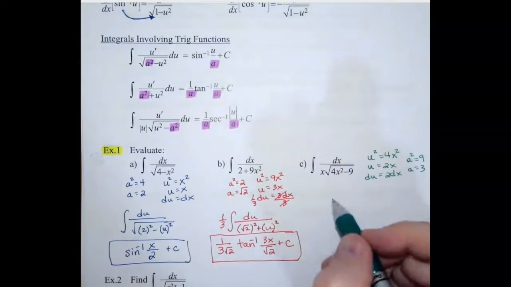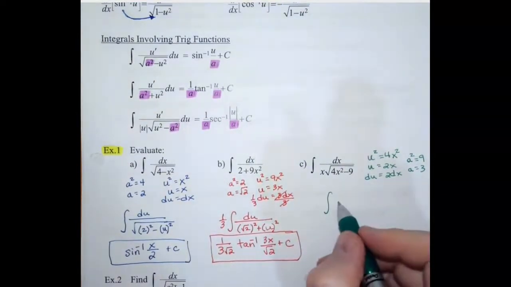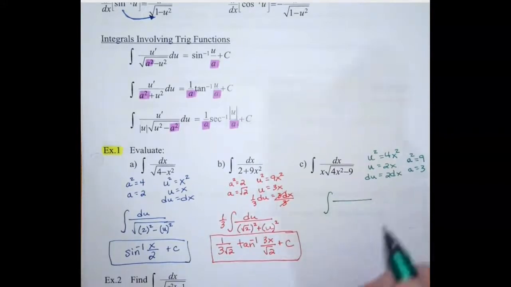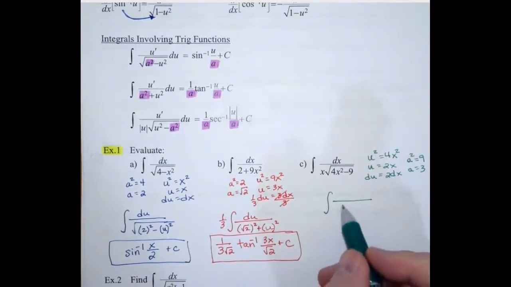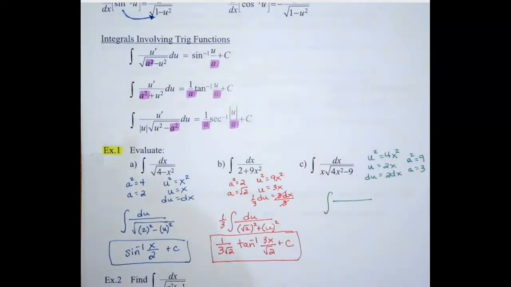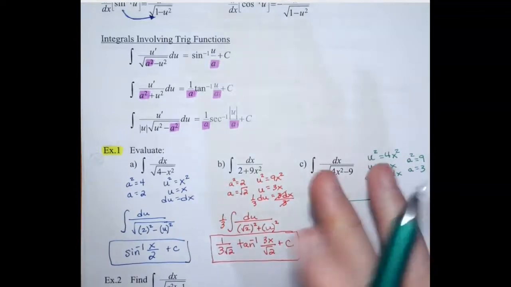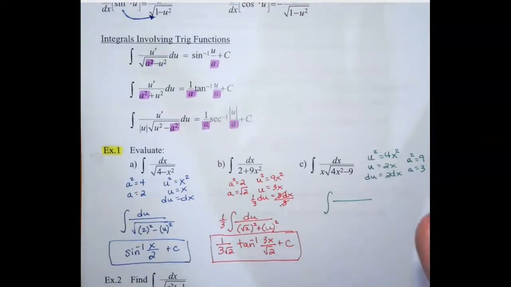Okay, so we go to integrate this, and we're trying to do a little rewrite here. And remember, we want the absolute value of u out here. So u is 2x. So we want this to be 2x, and also we want 2 dx.